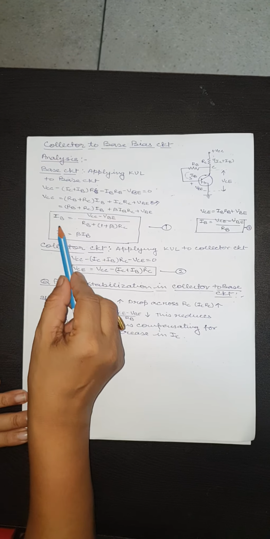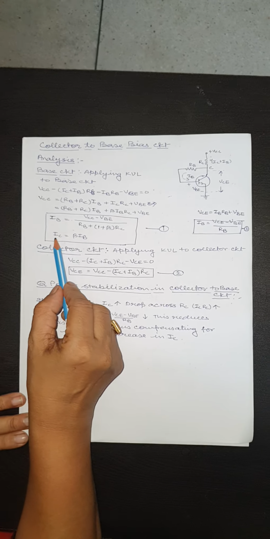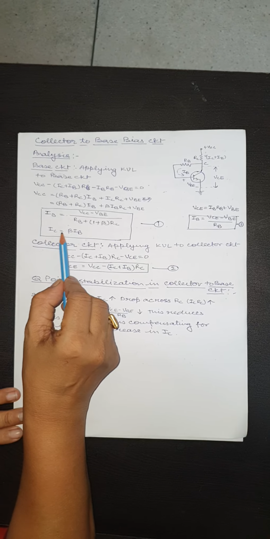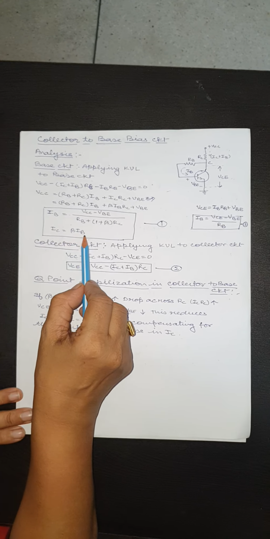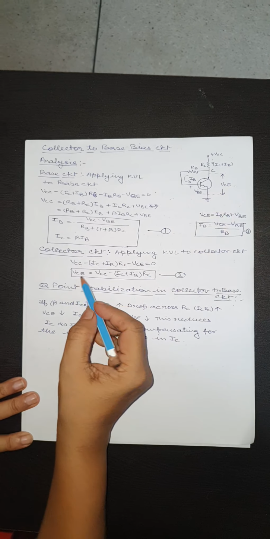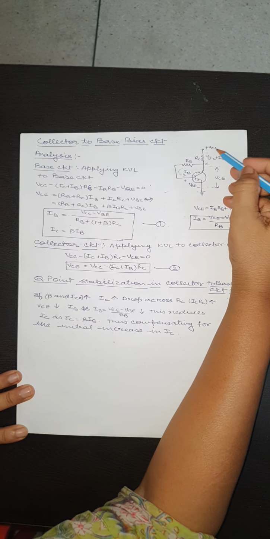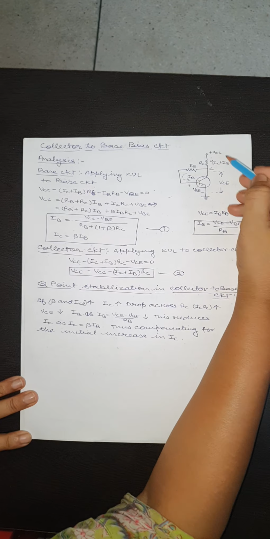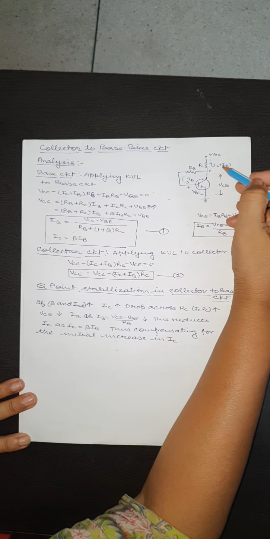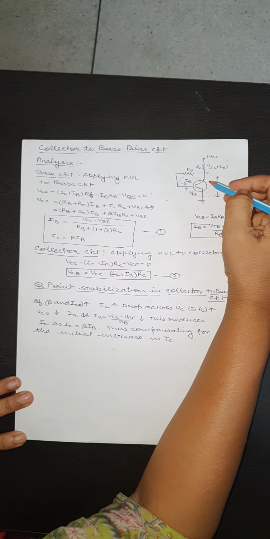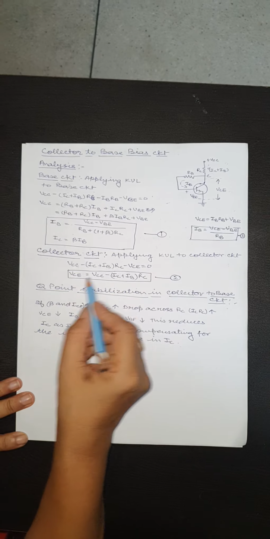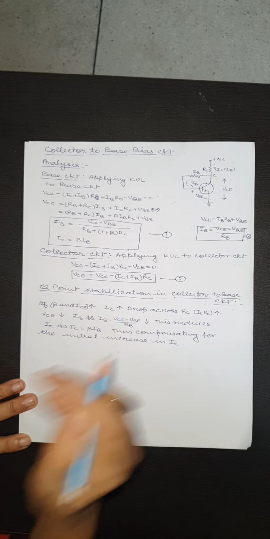Rearranging this equation, we get the value of IB, and when we get the value of IB, we can easily calculate the value of IC is equal to beta times IB. If we apply KVL to the collector circuit, we get the value of VCC minus RC multiplied by (IC plus IB) minus VCE is equal to 0, and from this equation we get the value of VCE.